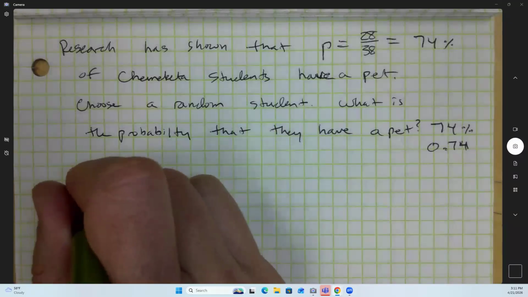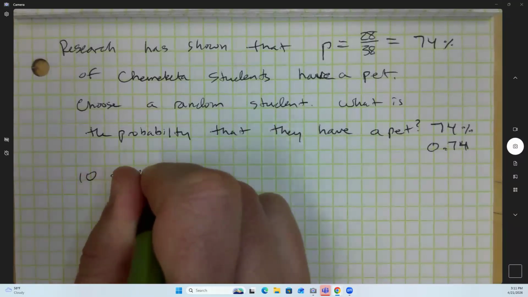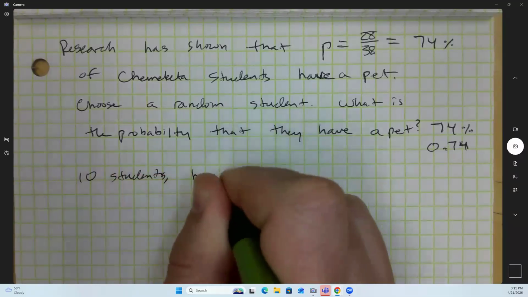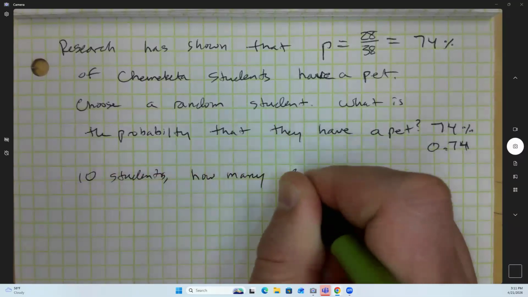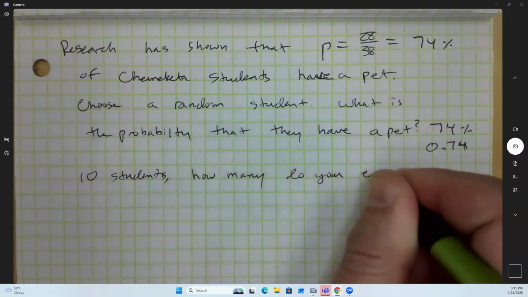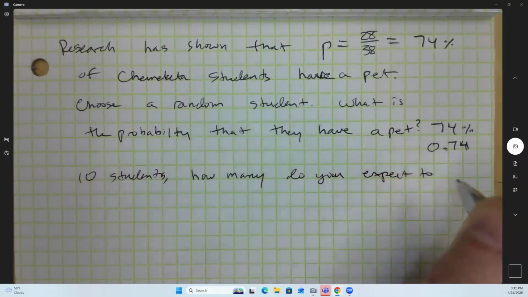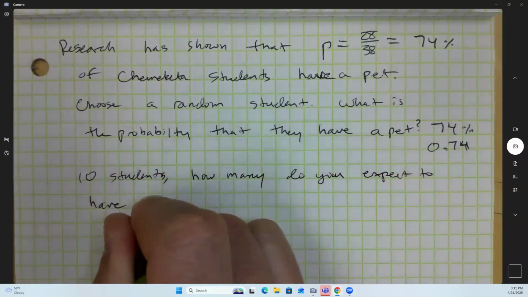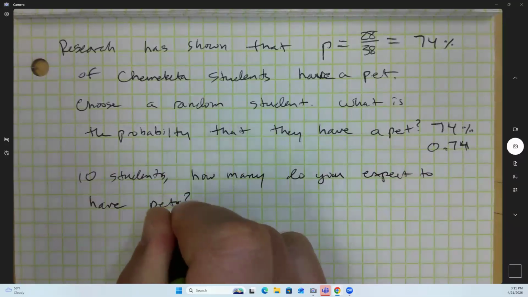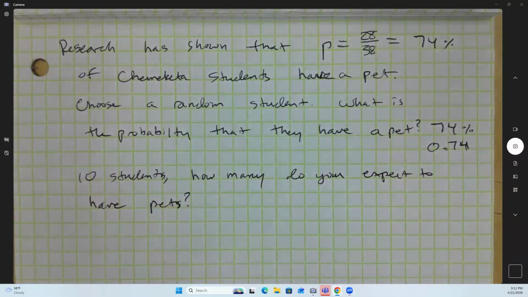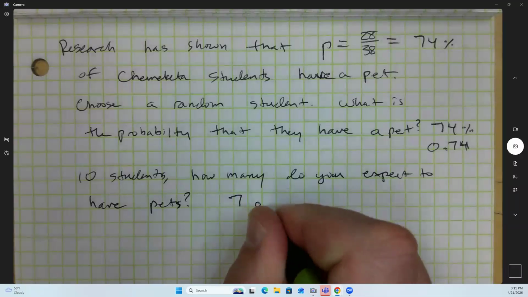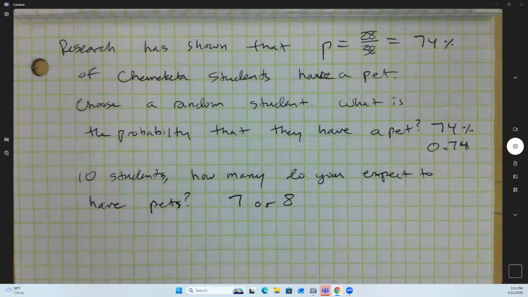Okay, 10 students. How many do you expect to have pets? About 7 out of 10 or 8 out of 10, right? 7 or 8, that's probably a good answer, right? 7.4 to be specific, but there's no such thing as 0.4 of a student.